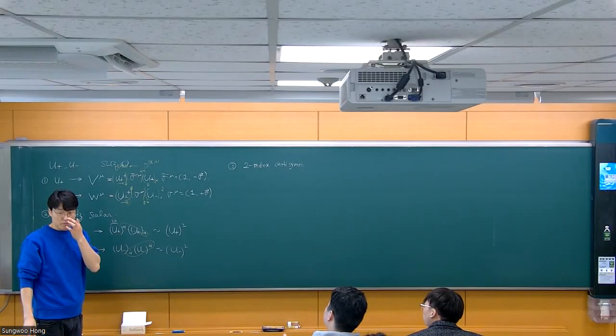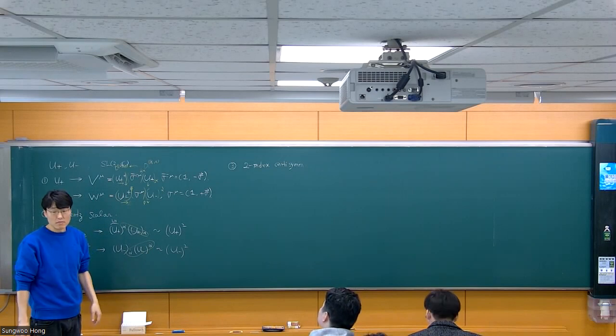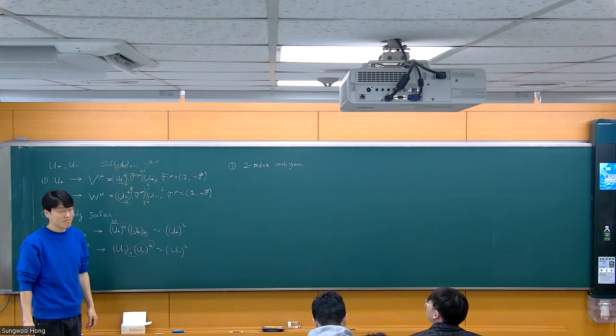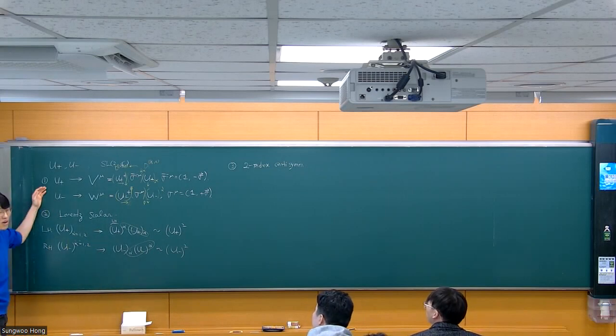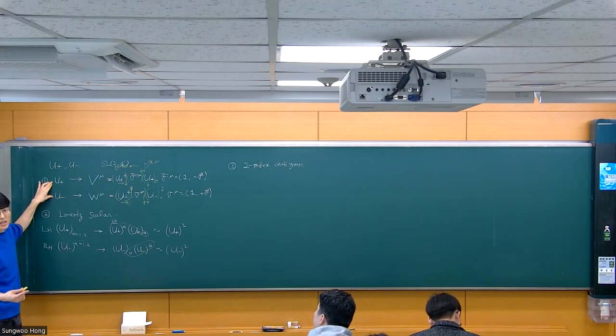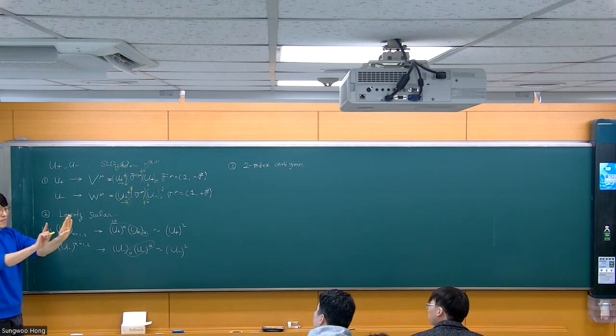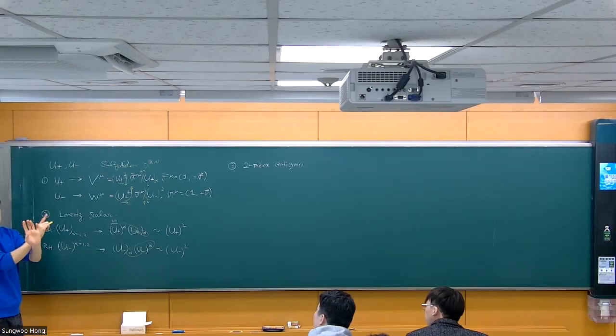I think I'm skipping something, but are U plus and U minus just one number? Good. At this point you wouldn't know, but eventually, yes. At this point, I only told you that this is a two-component object. But then we will learn that this must be an anti-commuting two-component object, by which I mean, if you have a product of two and you switch the order, you have to pick up the minus sign.